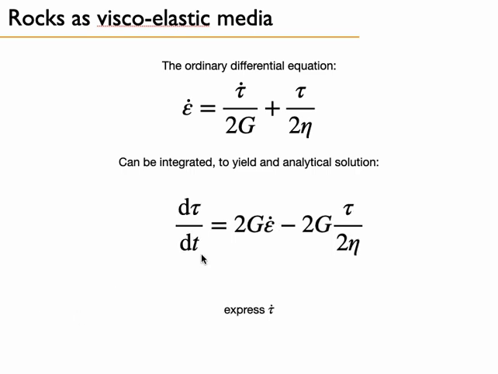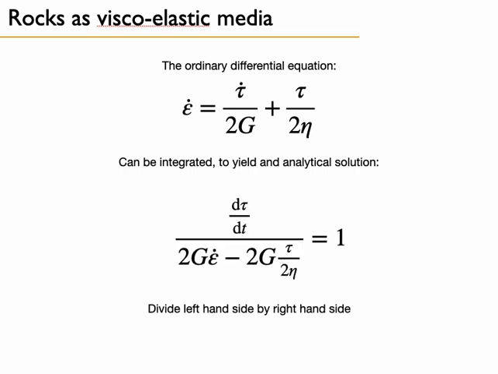Now we express the stress rate. It's nothing else than the time derivative of stress, d tau dt. Next, we divide the left-hand side by the right-hand side. So this results in 1 on the right-hand side, and everything which was there ends up here in the denominator.